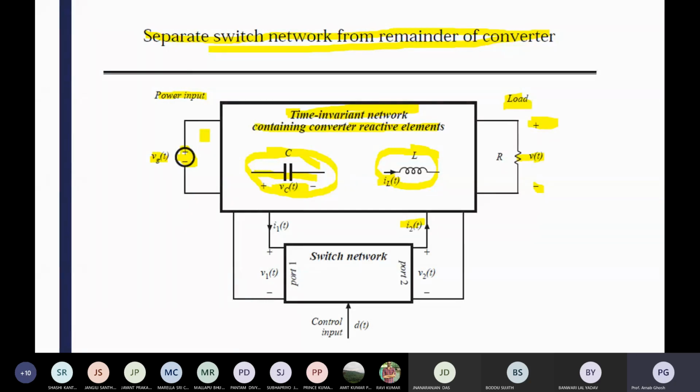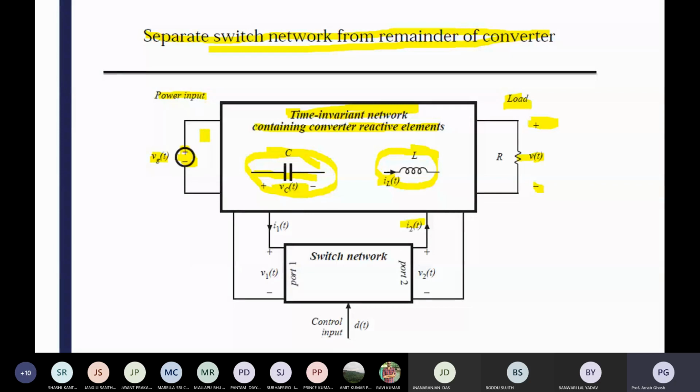Now what is feed forward control? If you know about PFC, the power factor corrected converter, why is it important?